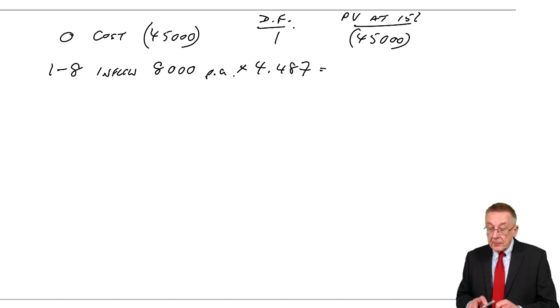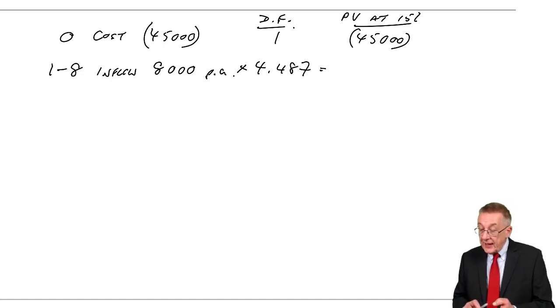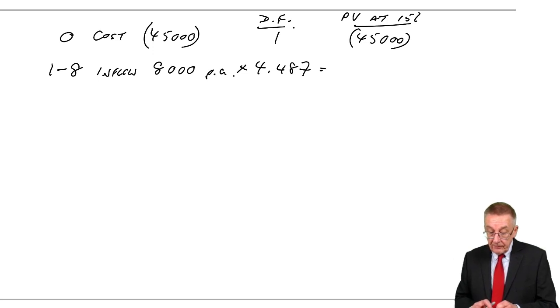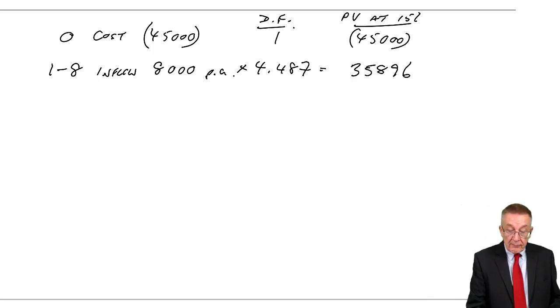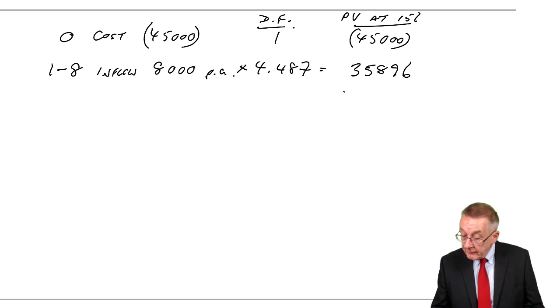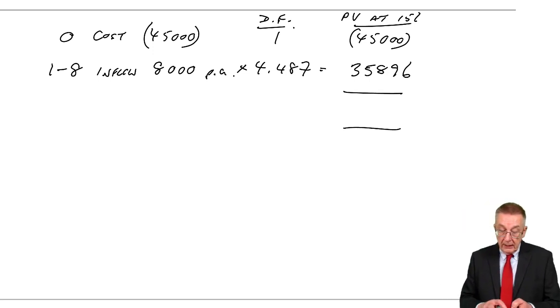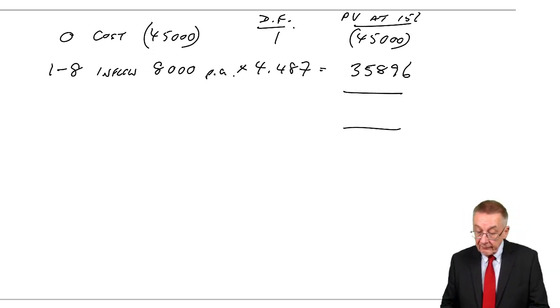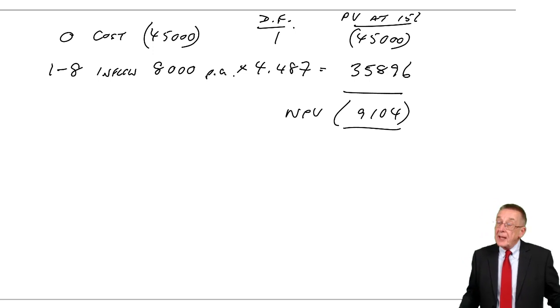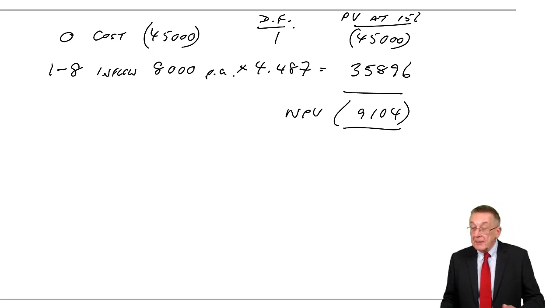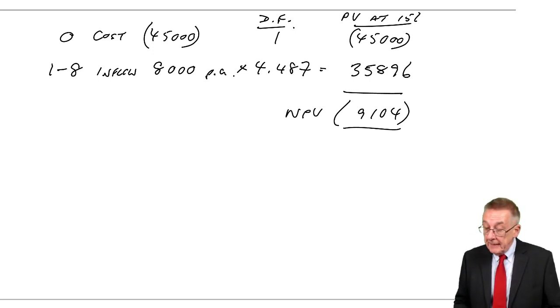But as a result, the present value of the inflows, the annuity, I get to be 35,896. And so the net present value is minus 9,104. And of course, because it's negative, we'll reject. Had it been positive, we'd accept.